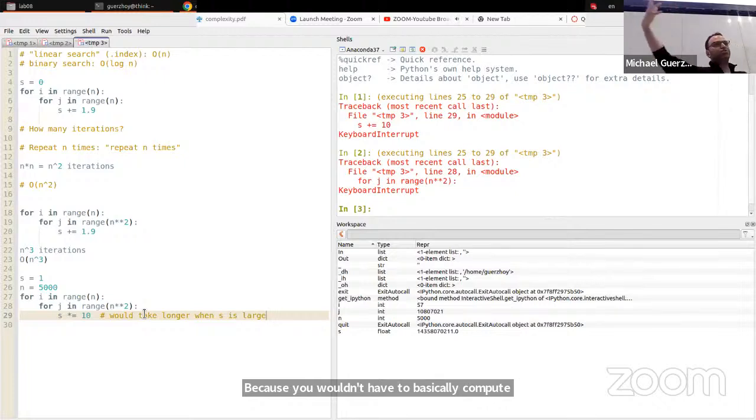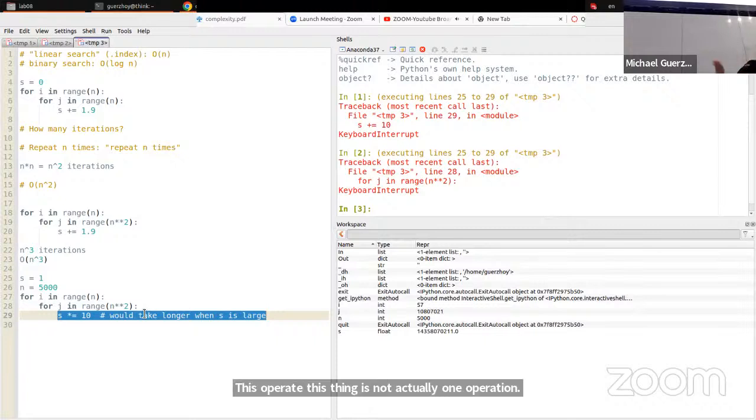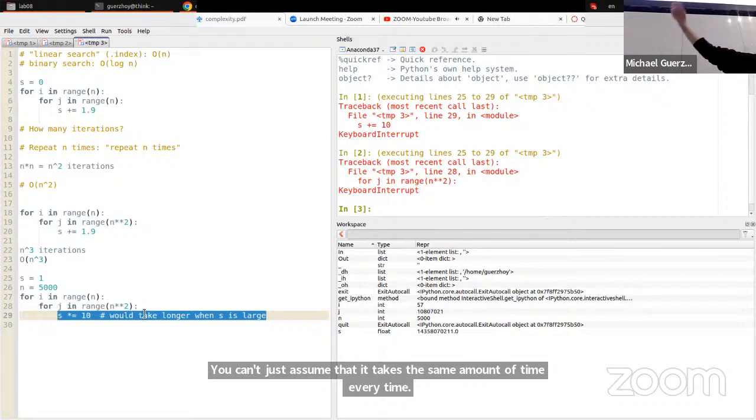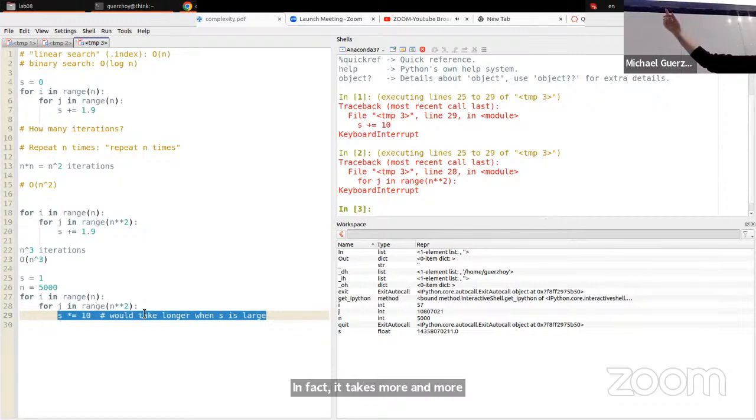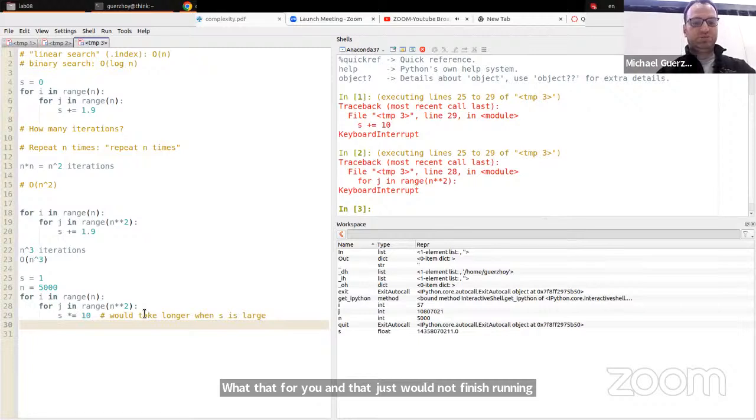Integers, as you remember, are unlimited. This thing is not actually one operation. You can't just assume that it takes the same amount of time every time. In fact, it takes more and more as s grows. For that reason, it just would not finish running. It would be very slow. So this is not O of n cubed.